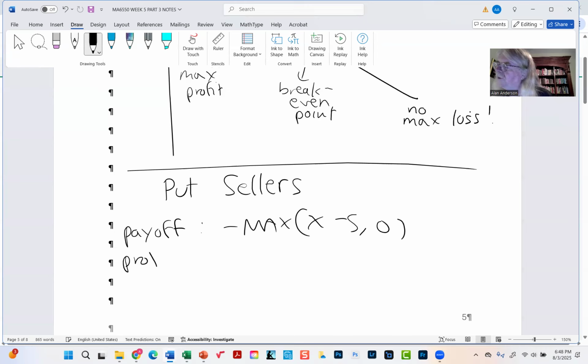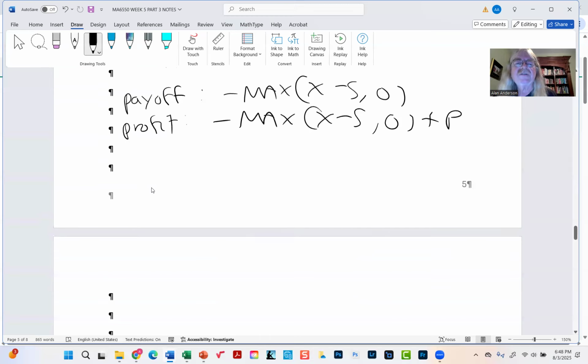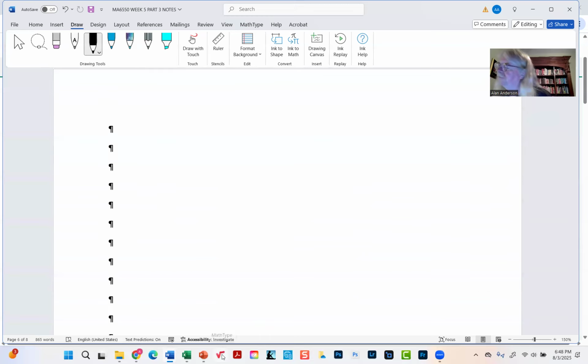And the profit, though, reflects the fact that they collect their premium. Okay. So just like before, the two of them are on opposite sides of the same situation. One makes money, the other has to lose the same amount of money. And that's what we're seeing here. Now, the graph, let's take a look at this graph.